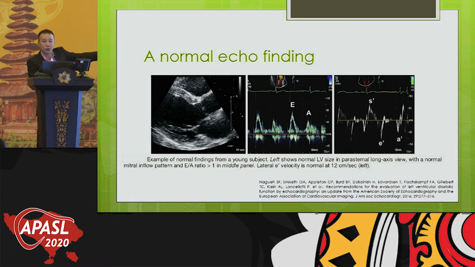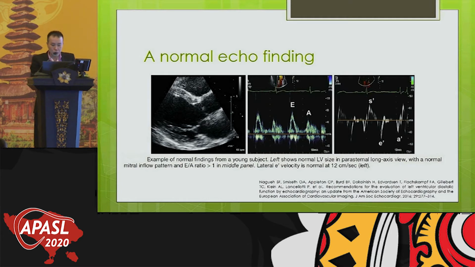Clearly E is bigger than A. And over there, you can see the E prime, that's a lateral E prime velocity, is actually quite good. It's 12 centimeters a second. It's quite quick. We want that to be rapid, because if it's rapidly back up, it means there's not a lot of left atrial pressure.